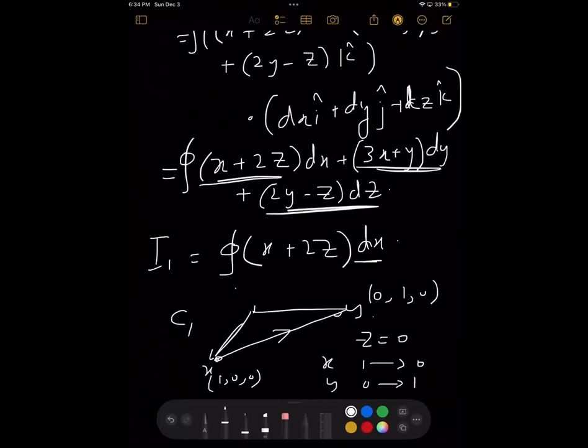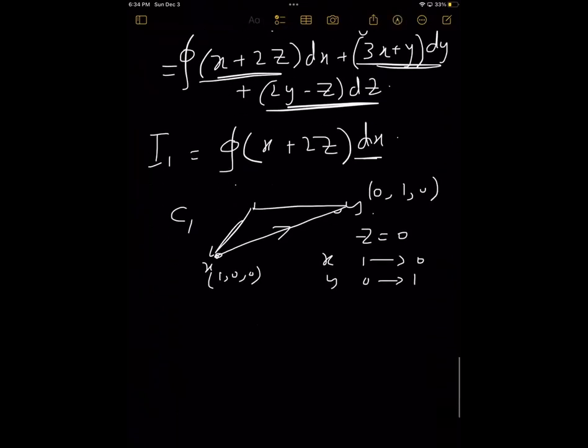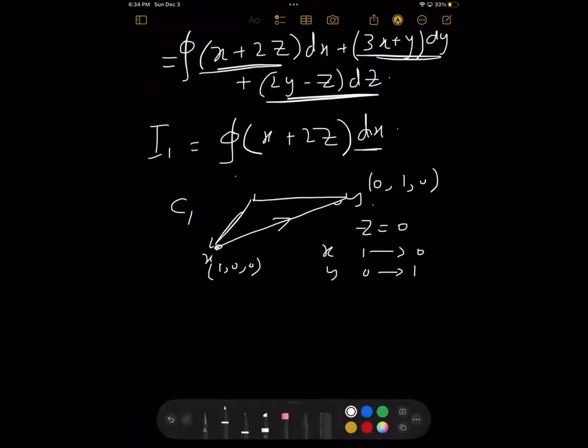So in C2, this is our y and z, and this is the line, direction is this one. Our x is 0, and this point is 0, 1, 0, and this is 0, 0, 1. So y goes from 1 to 0, and z goes from 0 to 1.